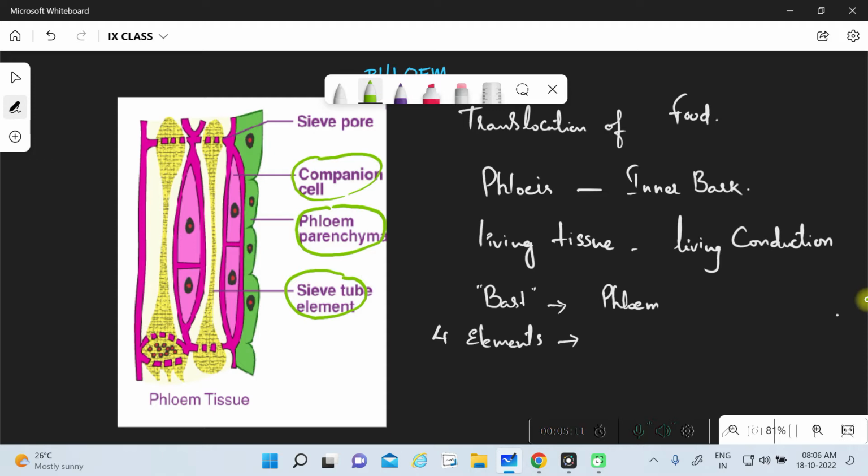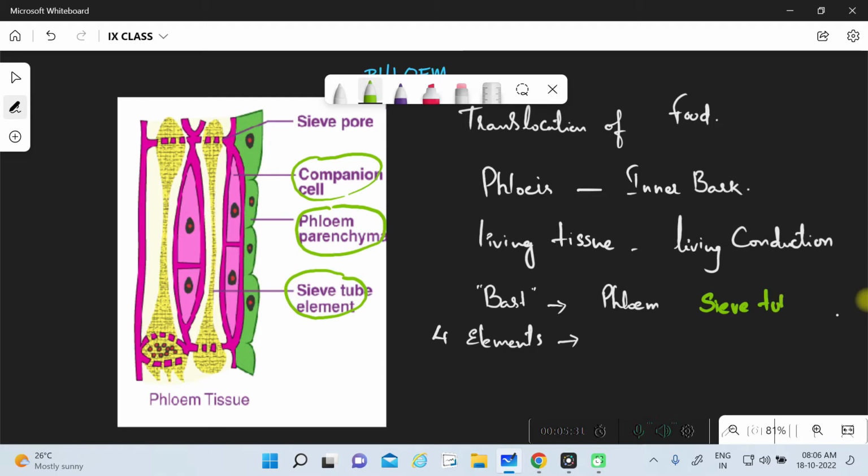The fourth component is phloem sclerenchyma or phloem fibers.